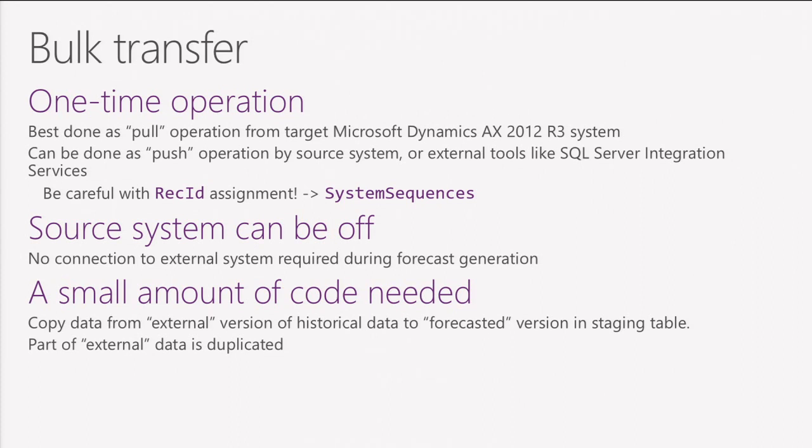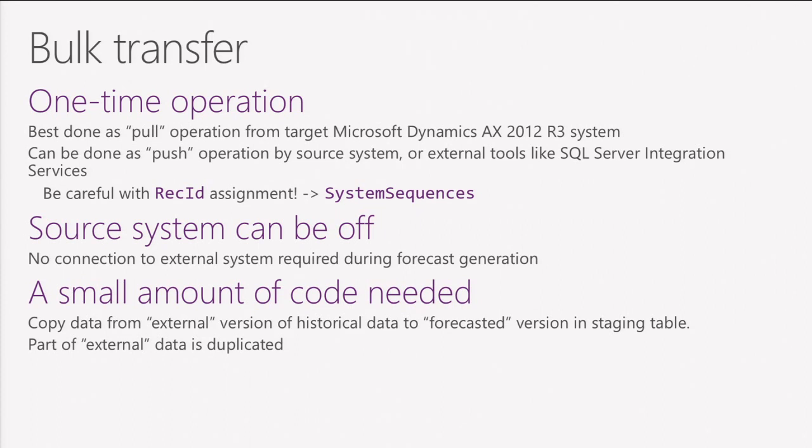So we have imagined two ways of loading the historical data into the R3 system. The first of them is the bulk transfer, and we imagine that as a one-time operation. You write a query that will load the data from the external system and put it into this staging table that holds all the historical data.